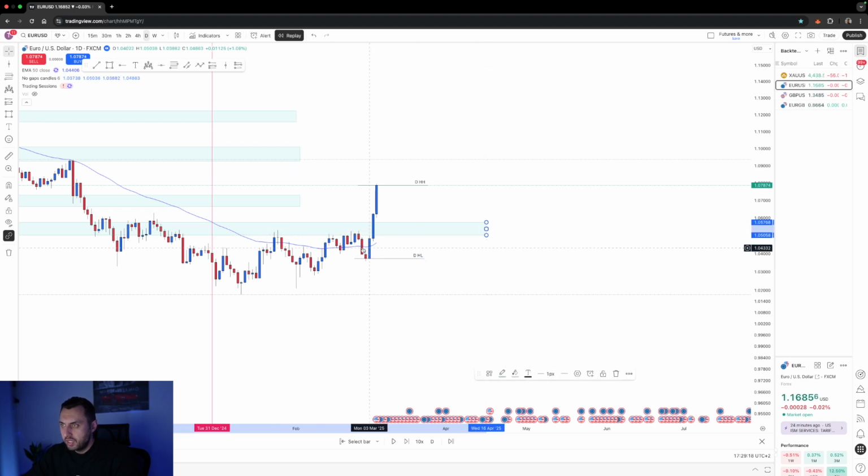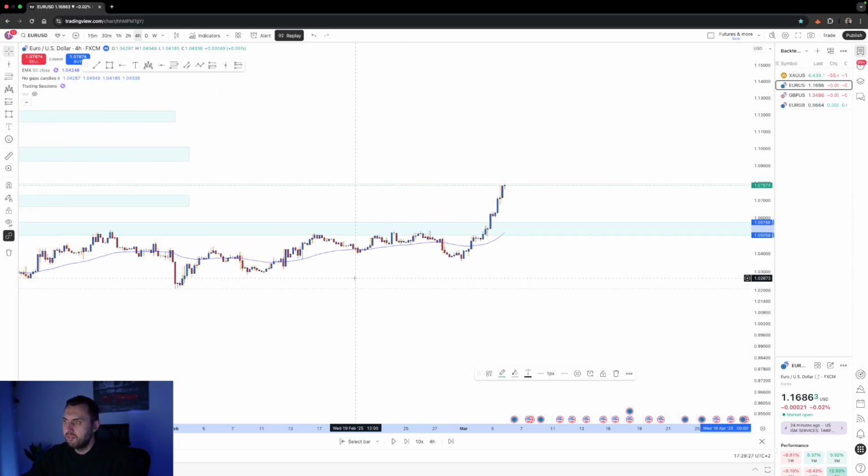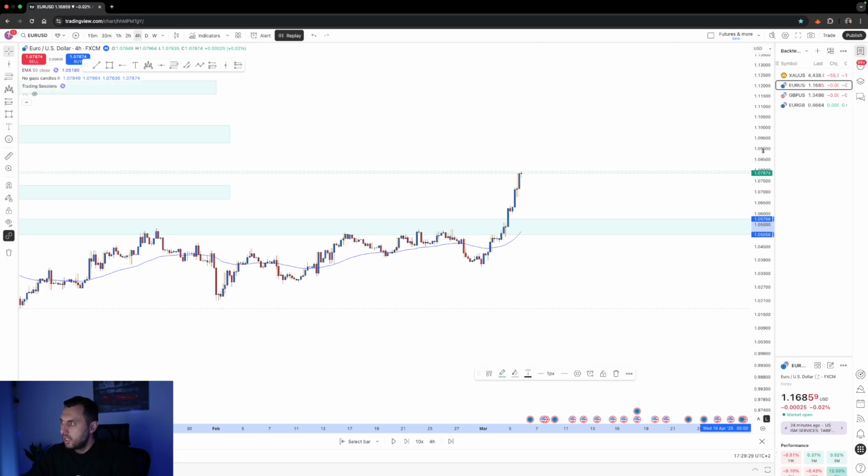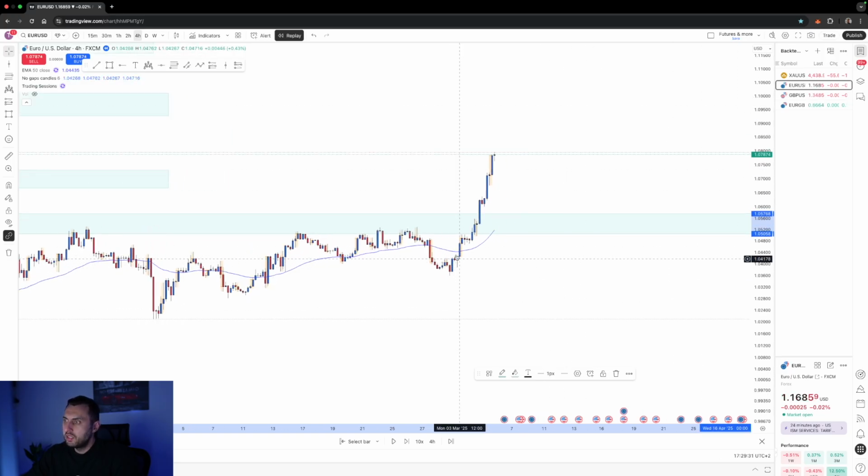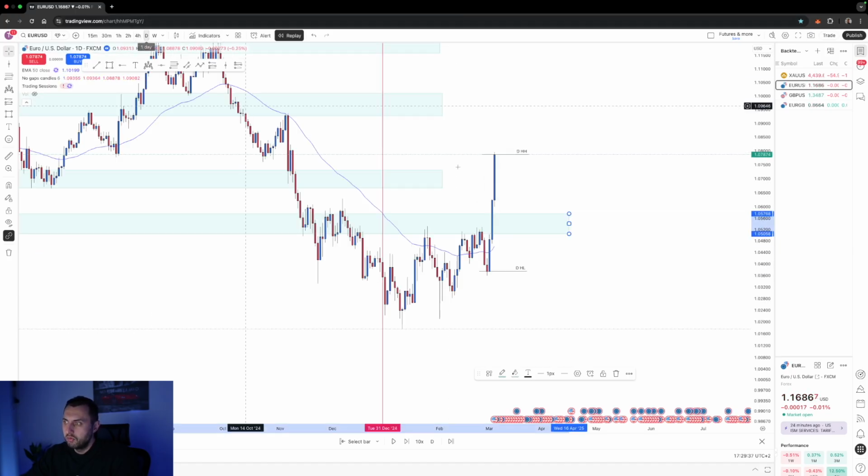We could have taken a long somewhere around here, but we need to take many things into consideration. Because when the price was here, we can see that the 4-hour was bearish, the daily was bullish, no, bearish, if you can see here.